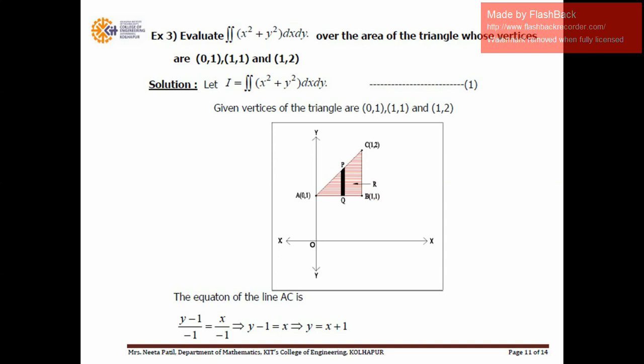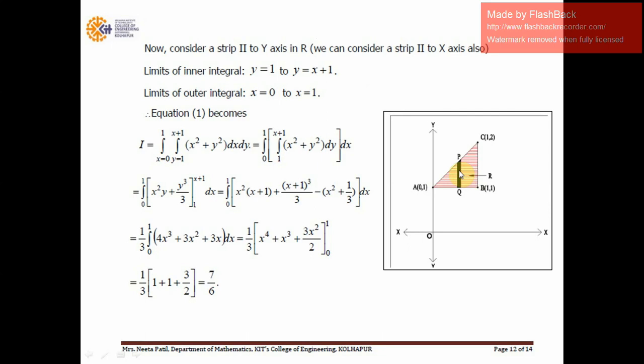First of all, we are finding the equation of the line AC. So we use the 2-point form. We get the equation of the line as y is equal to x plus 1. Now to get the limit of inner integral and limit of outer integral in the region of integration, consider one strip parallel to the y-axis.